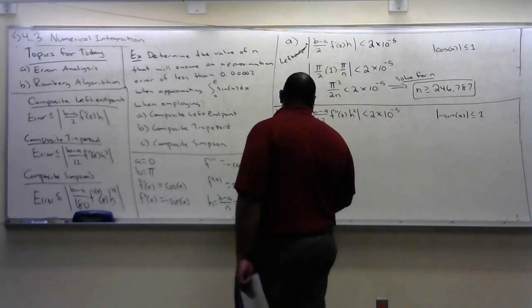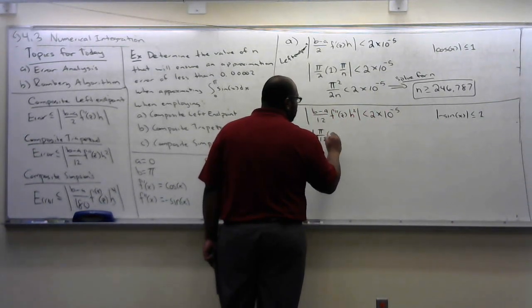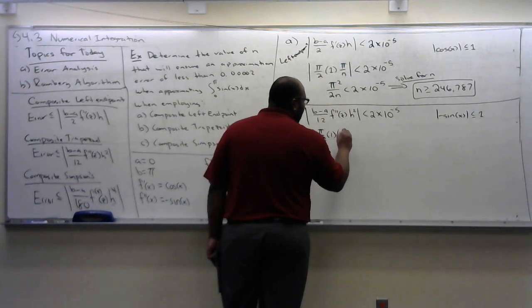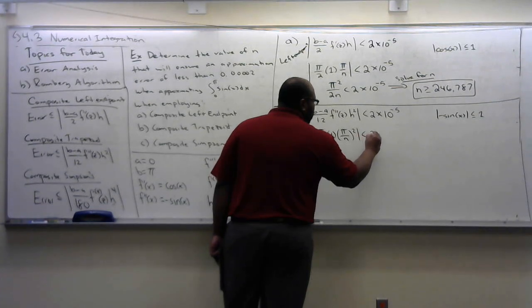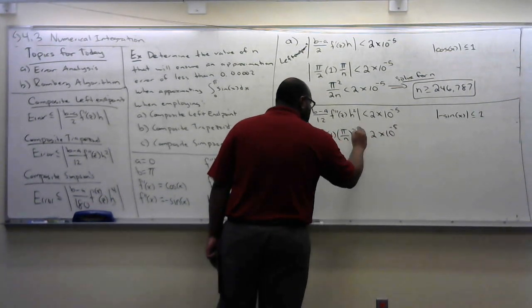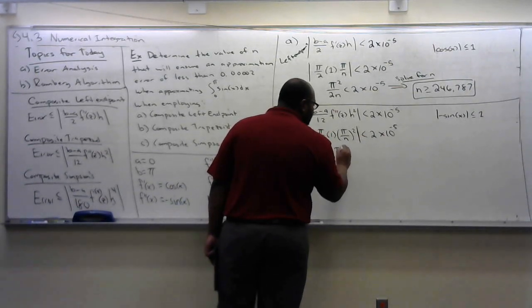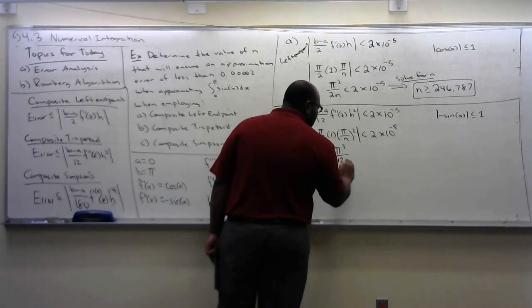And we just plug in like we did the last one. So we get pi over 12, this is 1 times (pi over n) squared, less than 2 times 10 to the negative 5. So I get pi cubed over 12n squared.